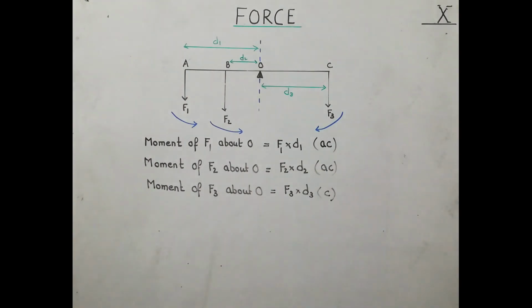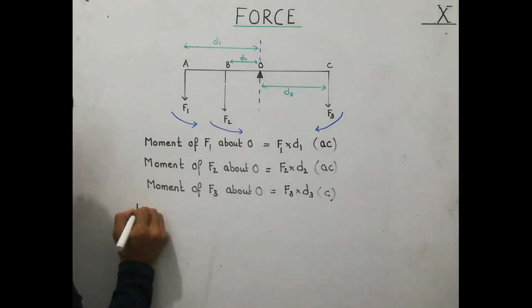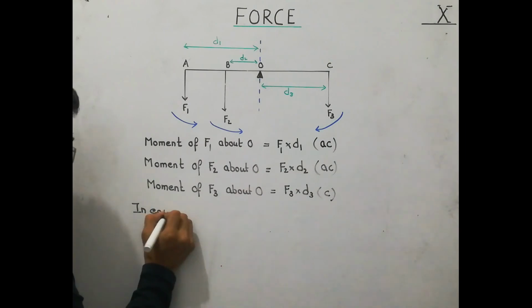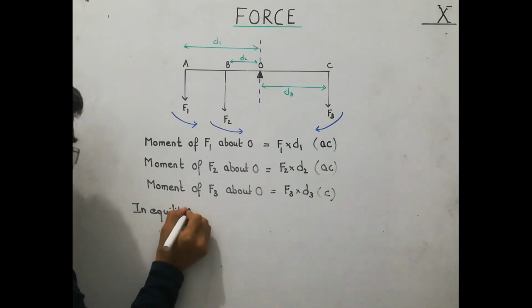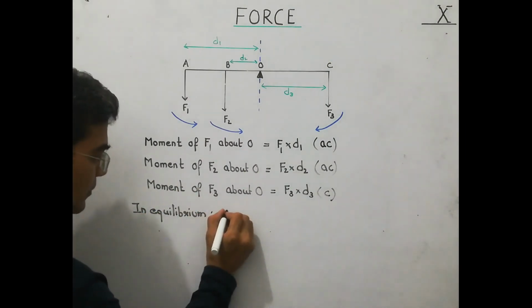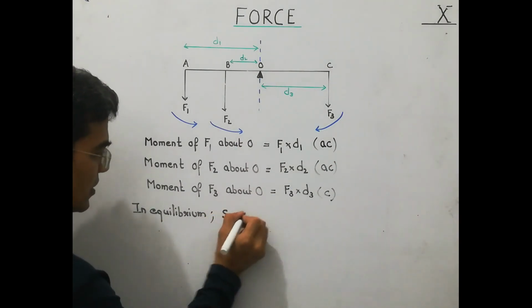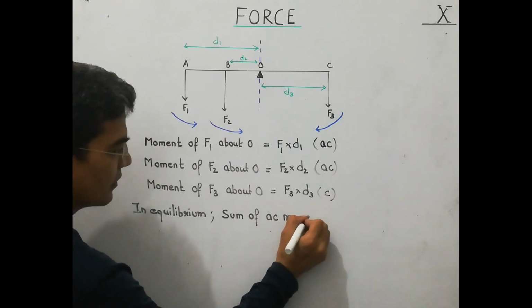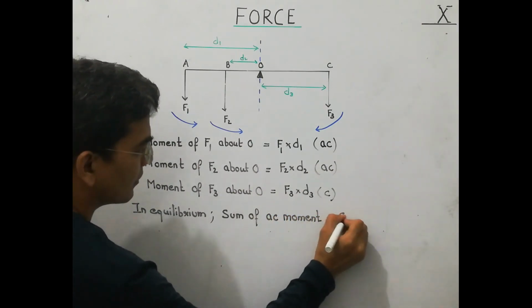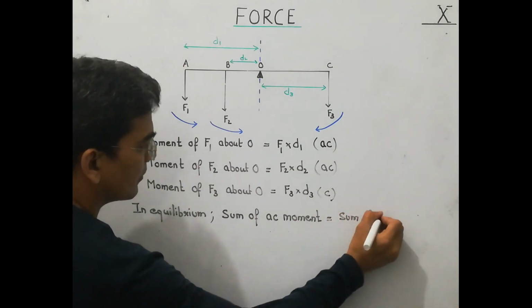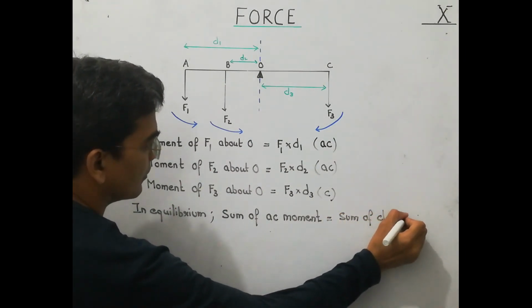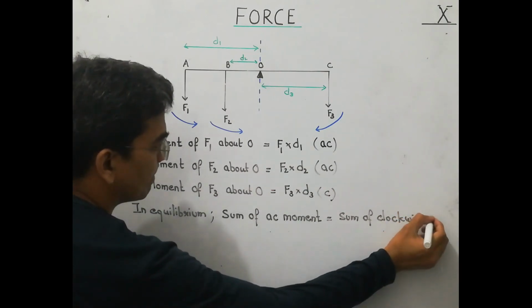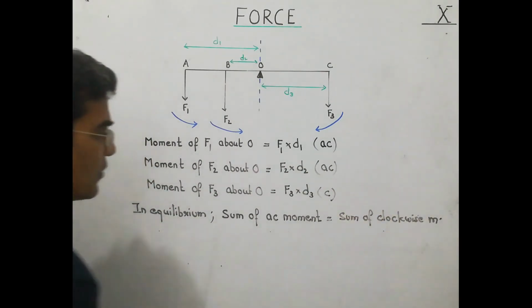So by the principle of moment, we know that sum of anti-clockwise moment, now body is in equilibrium. So in equilibrium, sum of anti-clockwise moment is equal to sum of clockwise moment.